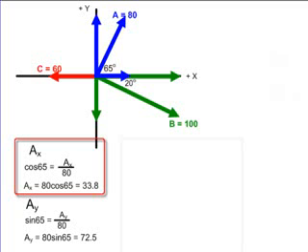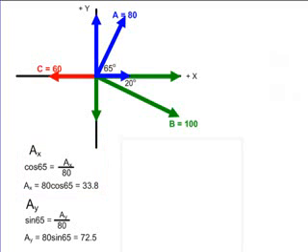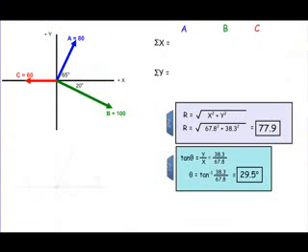And the hypotenuse is the vector itself, which is 80. So you can see how the x component of vector A, A sub x, is then equal to 80 cosine 65, and that's 33.8. And you can see on this earlier slide that the x component of vector A is 80 cosine 65.